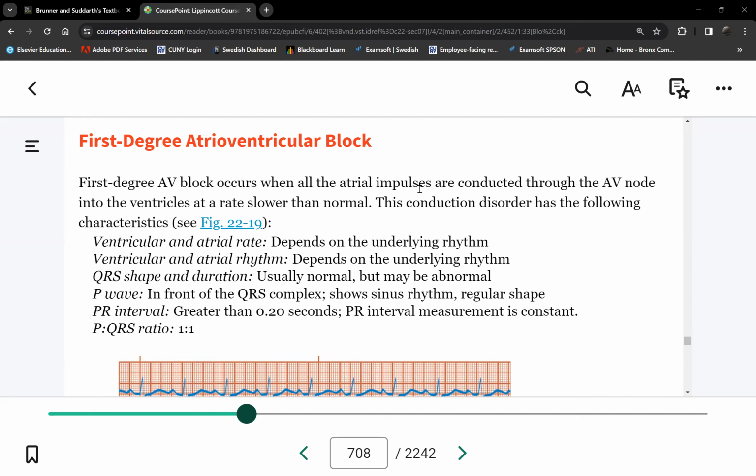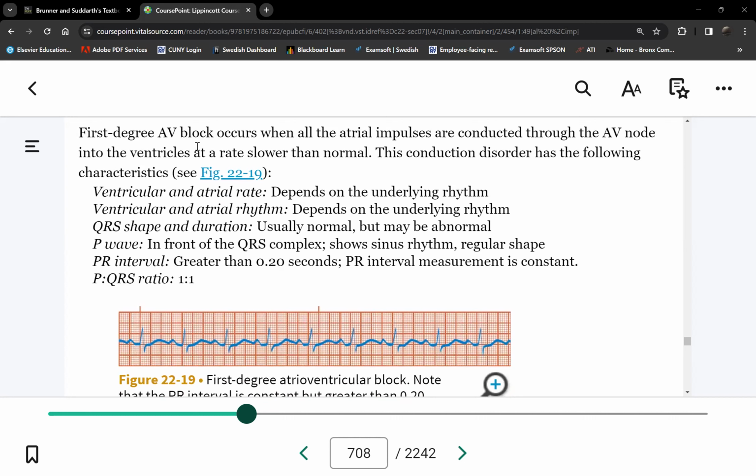Okay, so normal PR interval is between 0.12 to 0.2 seconds. The reasons we don't know. It could be caused by medications or some abnormality in the electrical conduction pathway. We'll look at a few reasons as we go through each type of AV block. So let's finish first degree.